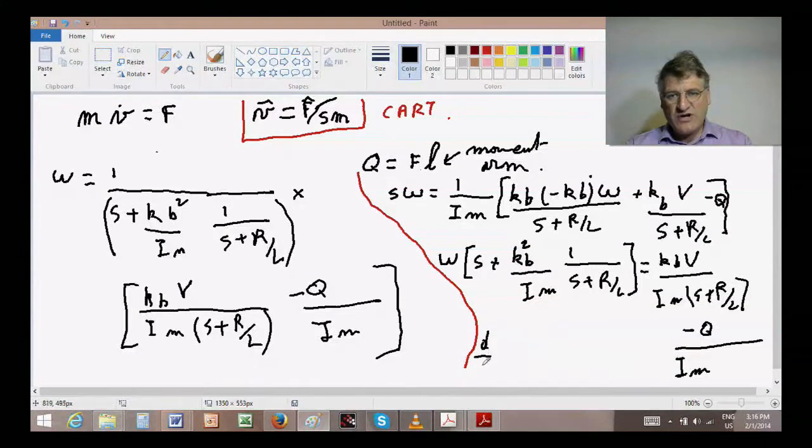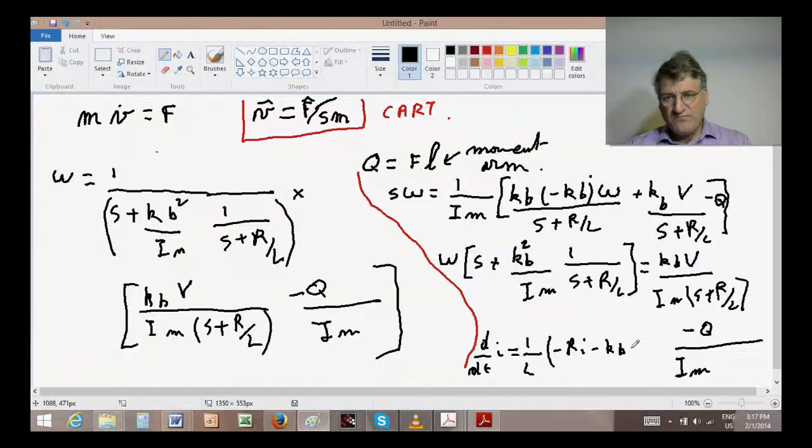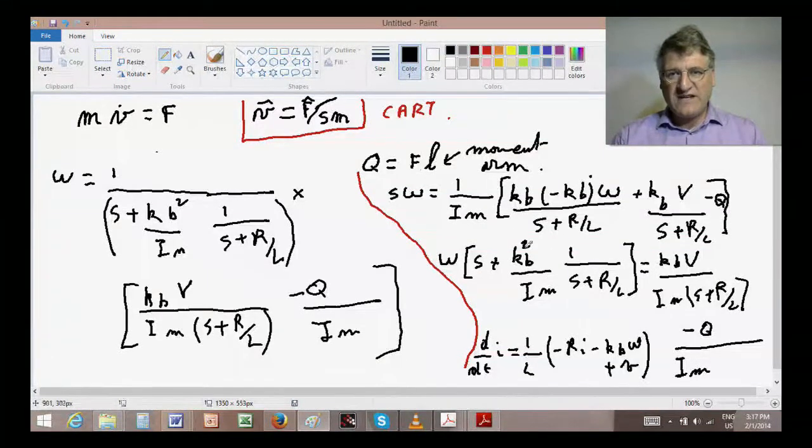If you remember, the equation on I was d dt of I is equal to 1 over L times minus Ri minus Kb omega plus V. A way to assume that I gets quickly to its steady state value if I keep V constant is to erase the di dt.